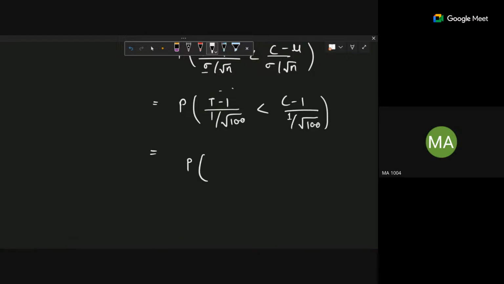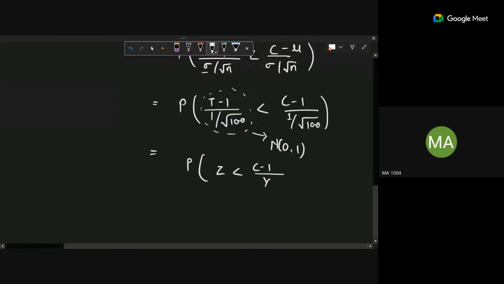So this particular part is going to follow Z distribution, normal distribution, which means 0, variance 1. So Z is less than (C minus 1) upon 1 by 10.